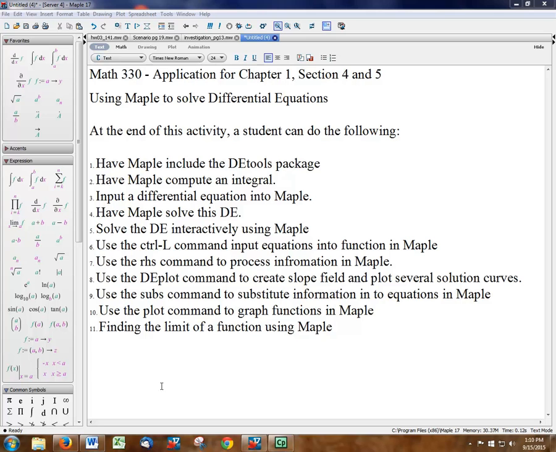Alright, so let's get started. What I'm going to do is talk about section 4 first. So chapter 1, section 4, and what we're going to do today is something called the logistic equation.